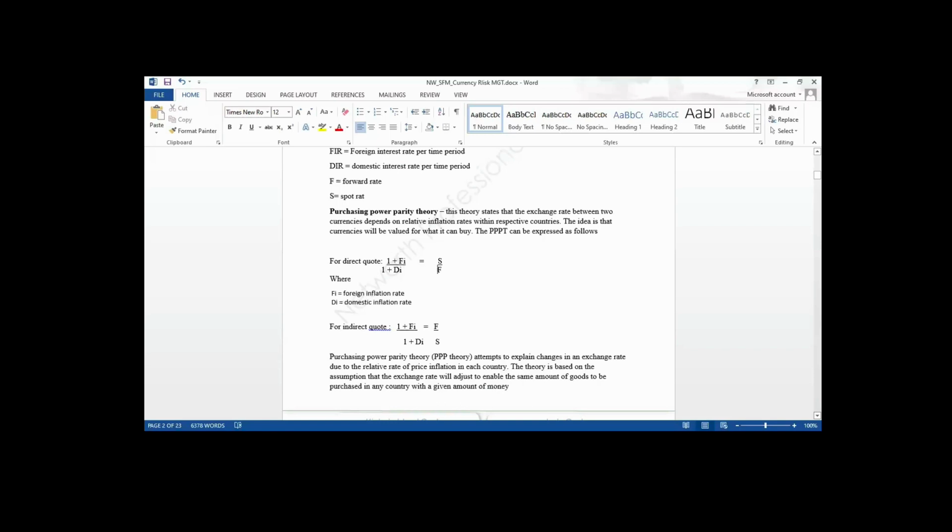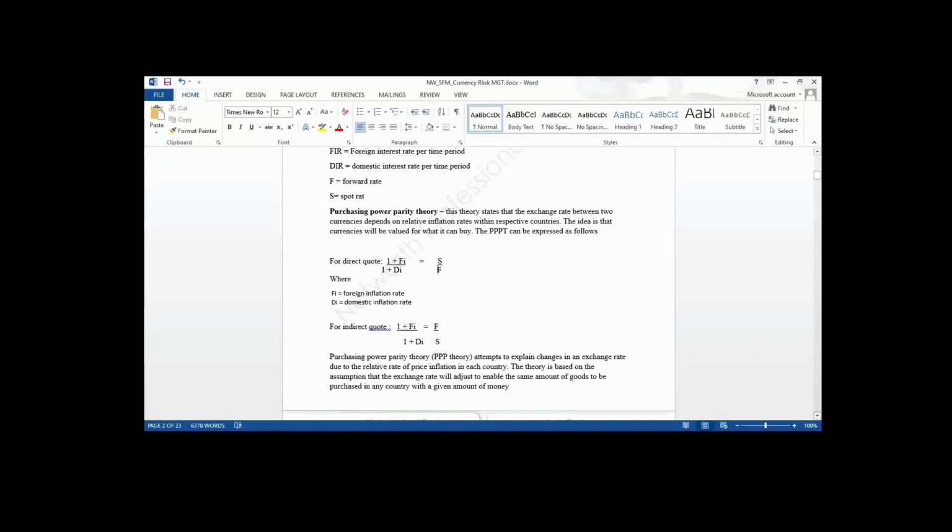Definitely, to do this, you require 3-month forward rates. The examiner didn't give you the 3-month forward rates. The examiner gave you inflation rates and spot rates. You can use the inflation rates and the spot rates to forecast 3-month forward rates.